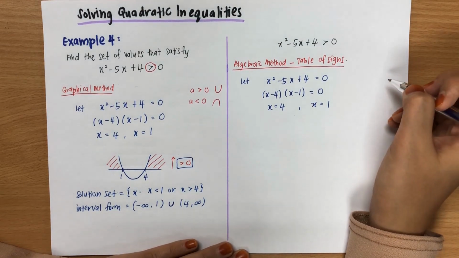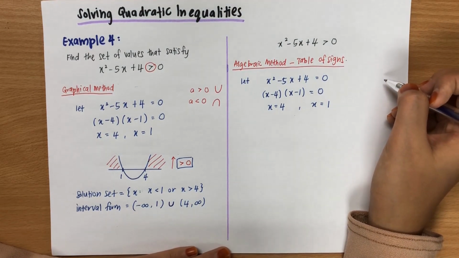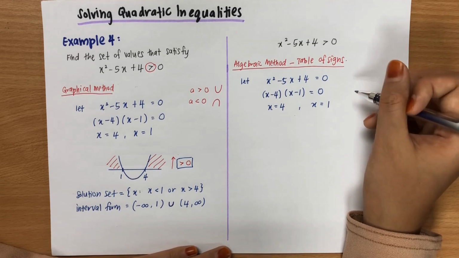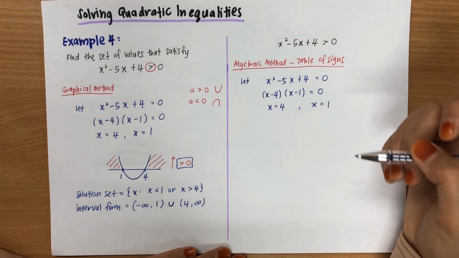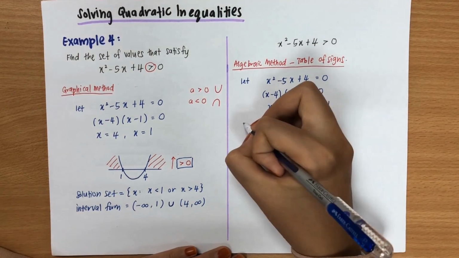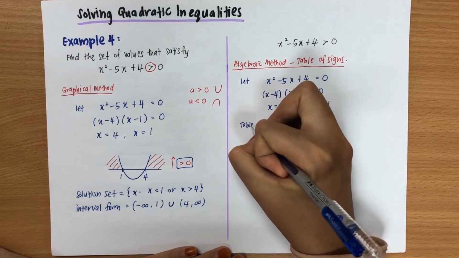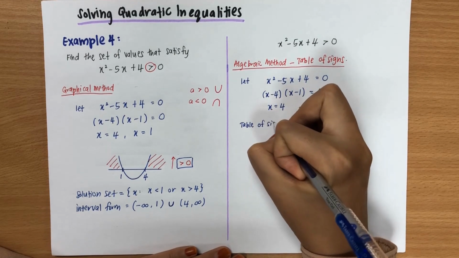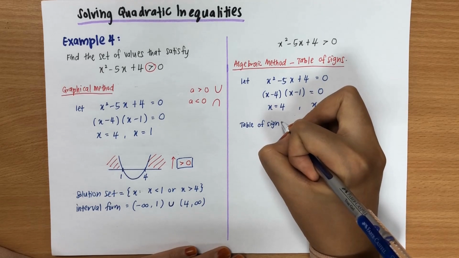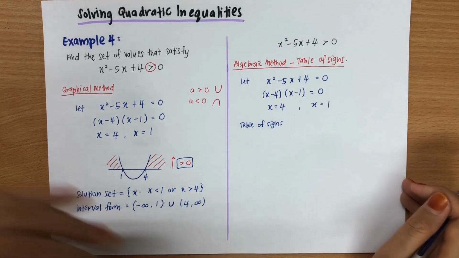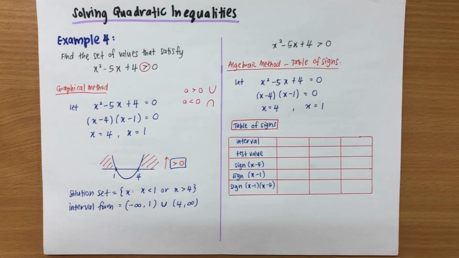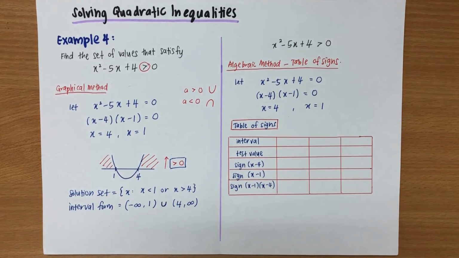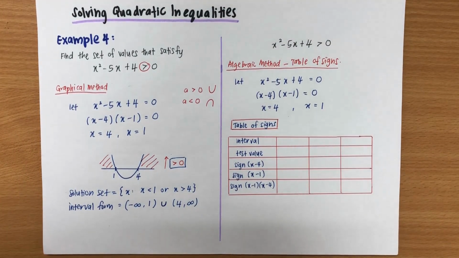Okay, so when we already have this, this is where our method will start. We will plot our table of sign. So this is the table of sign that I have prepared.